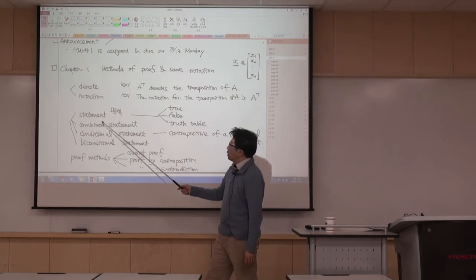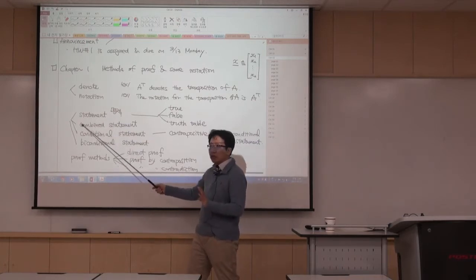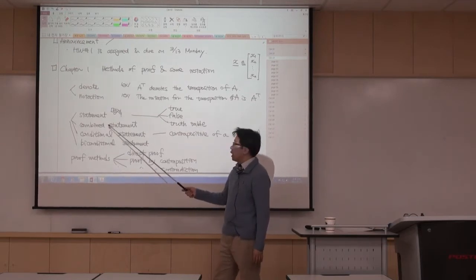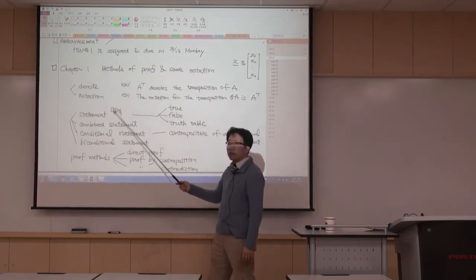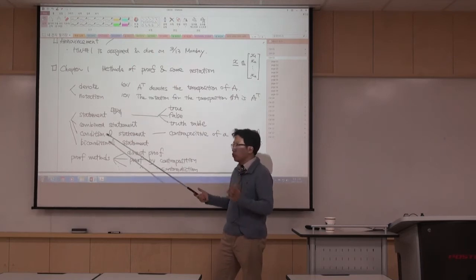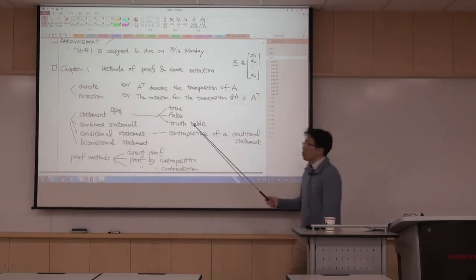Such a combination, which is a new statement, is called a combined statement. Sometimes it's not easy to directly see whether this new combined statement is true or false. That's why in high school we were introduced to the truth table.